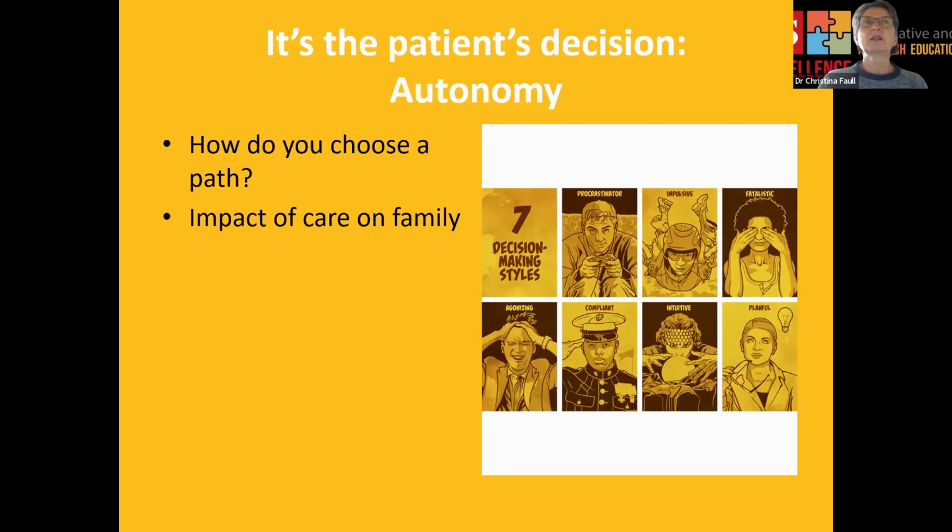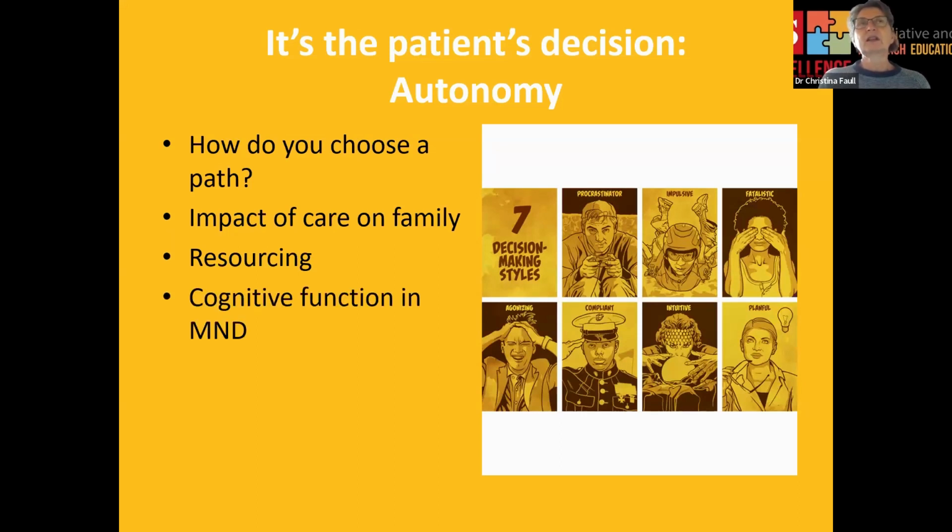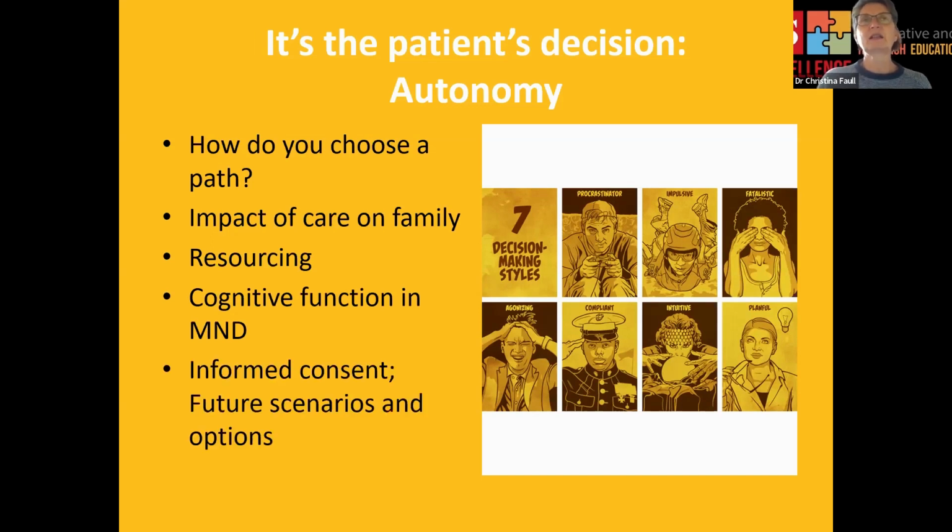Quite a lot of people consider first and foremost the impact of things on their family. There are resources that impact on decisions. The cognitive function we've heard about, and who can make a decision of this complexity in their motor neuron disease, needs to be assessed carefully. But I think one of the useful methods is to hypothesise with people about future scenarios.